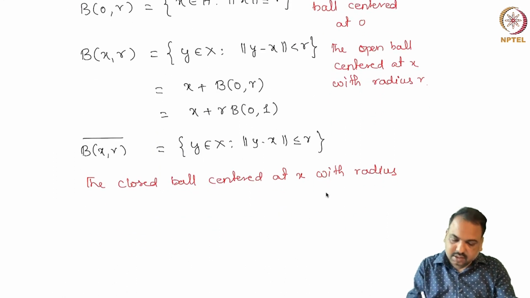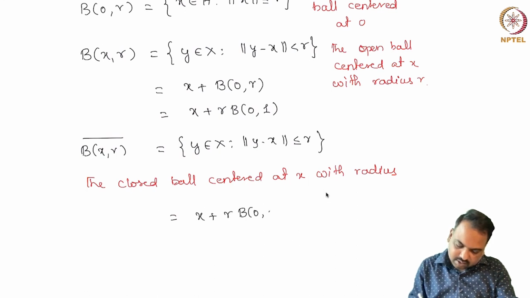In this case also we can write this as x plus r times the ball centered at 0 with radius 1, and the closure of this one.